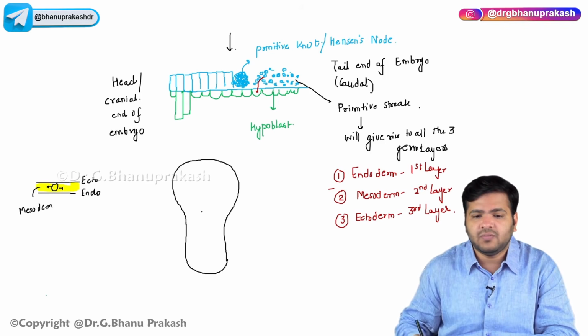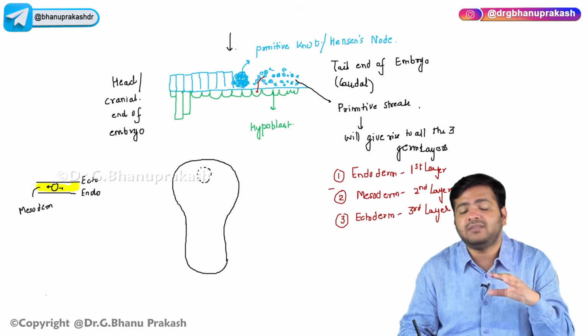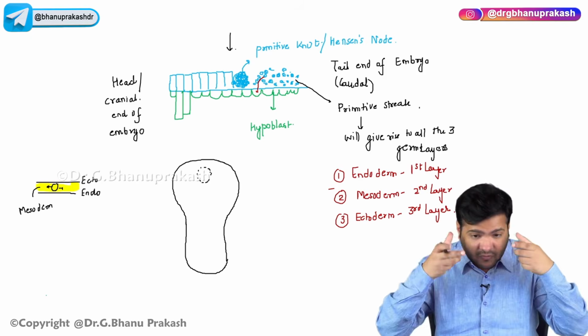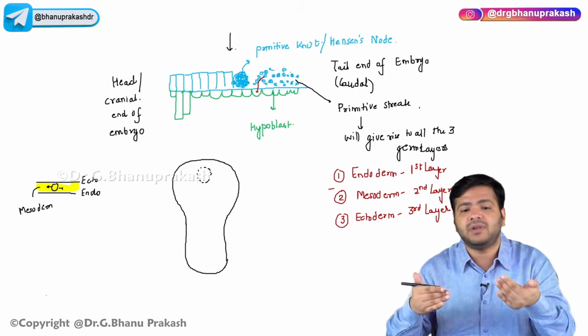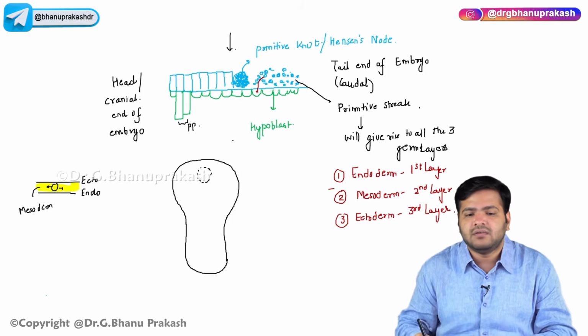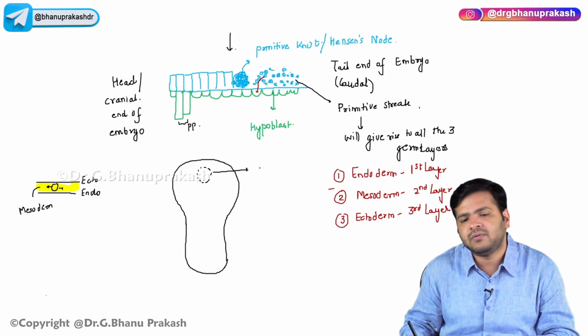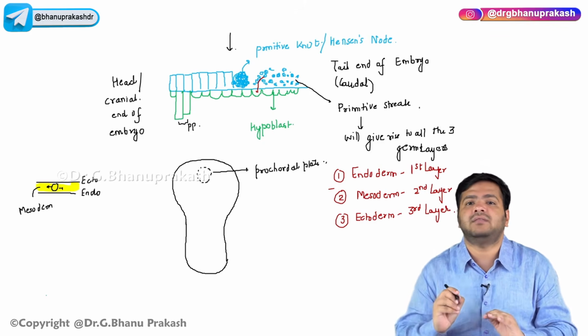So you already know we have this procaudal plate. I'm drawing this procaudal plate with a dotted line because you're watching this embryonic disc from above. If you look from above, the procaudal plate is towards the bottom, right? So this is the procaudal plate.